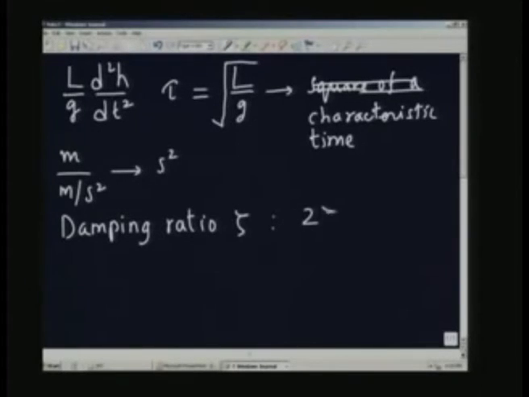We will say 2 zeta tau is equal to R A by G. So, this is what I am introducing, but I am introducing it in terms of the other quantities.